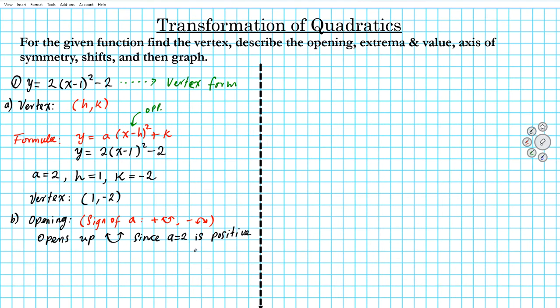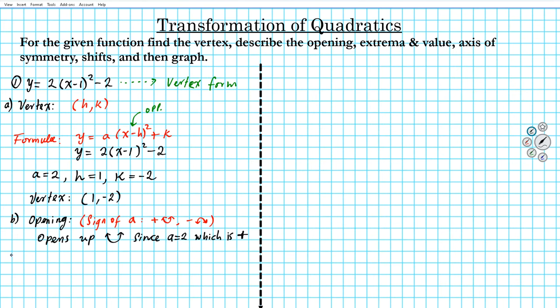That's the justification for why it opens up. If it's positive, it opens up, just like happiness for positivity and sadness for negativity. That's how you can look at it.